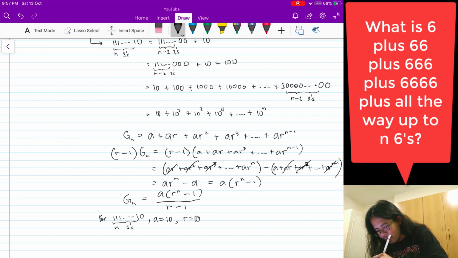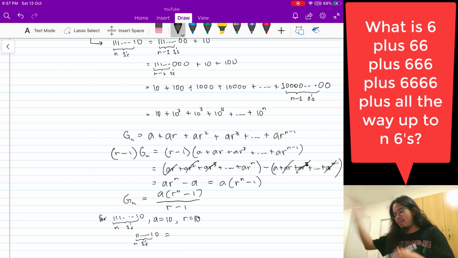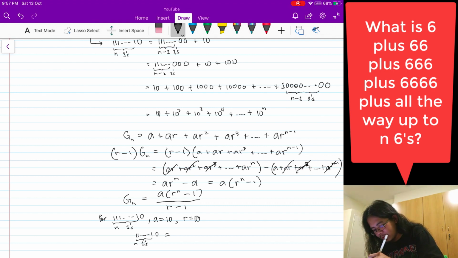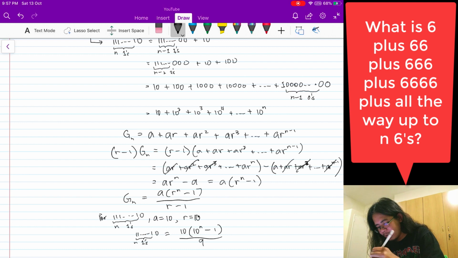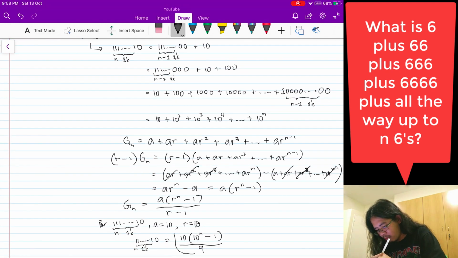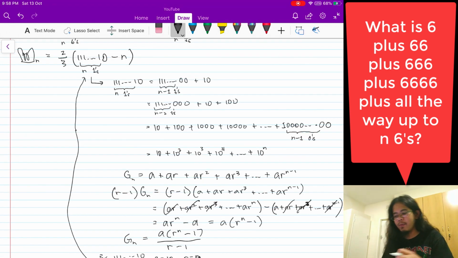Therefore the sum of 10 plus 100 plus 1000 plus 10,000 and so on is just equal to a, which is 10, multiplied by r to the n, so that's 10 to the n minus 1, over r minus 1, so that's just 9. And this is the one that we're going to use in our original metal sum. That's what we needed it for in the first place.